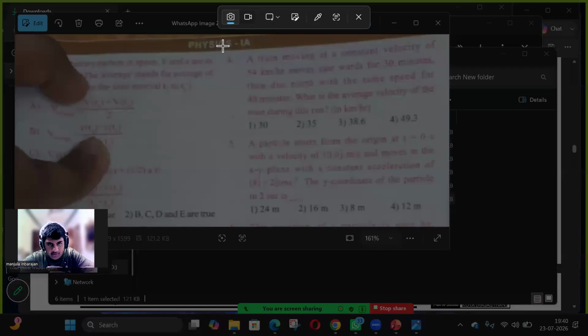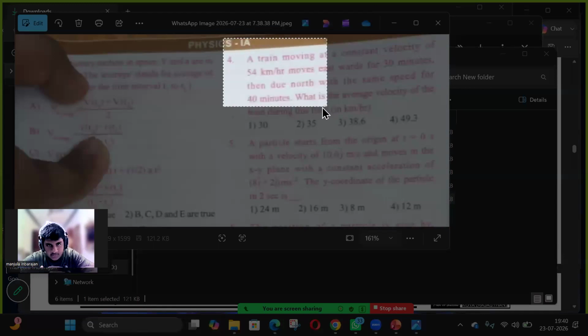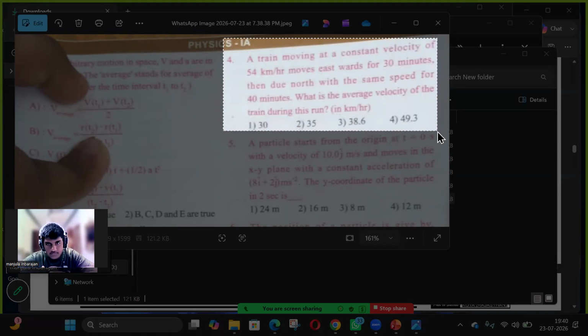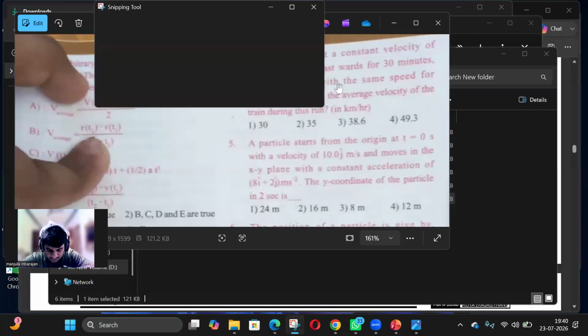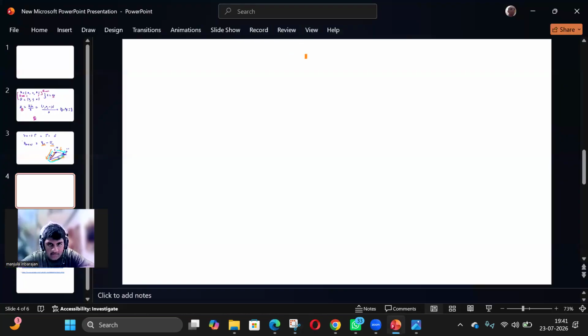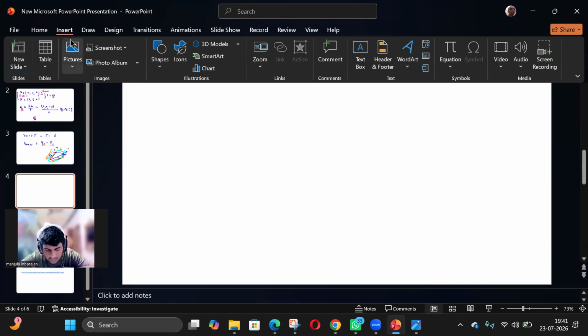They have given only one speed, so how to find the second speed? No, speed is same. Direction is different. So we just take 30 by 54 and 40 by 54 to find displacement.